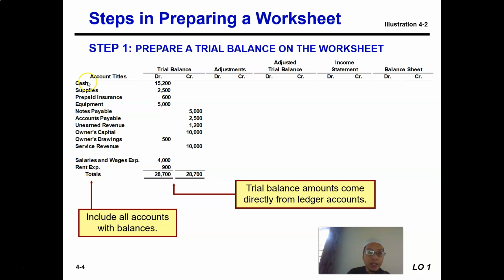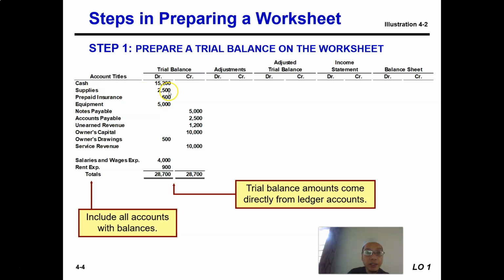Then we will enter the ending balances of the accounts into the trial balance column, either the debit balance or the credit balance, into the respective debit or credit column. For example, in the cash account, we have a debit balance of 15,200. Therefore, we insert it on the debit side of the trial balance.